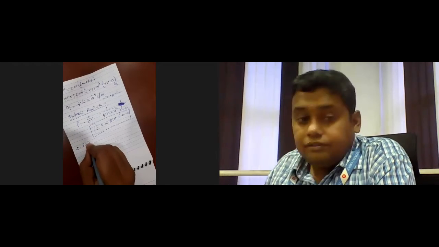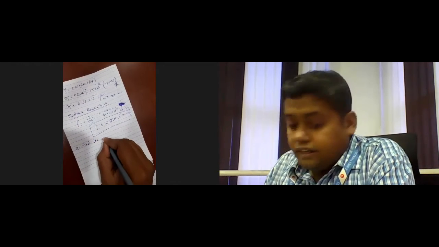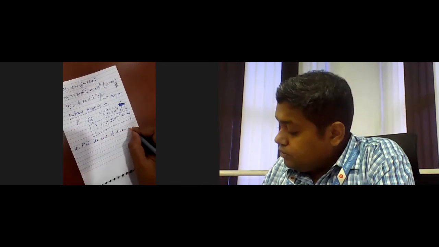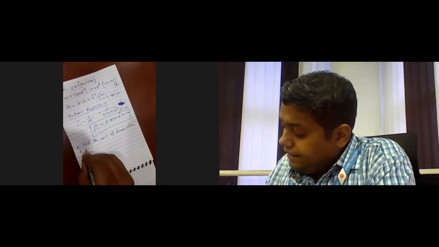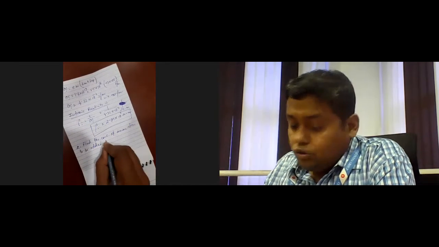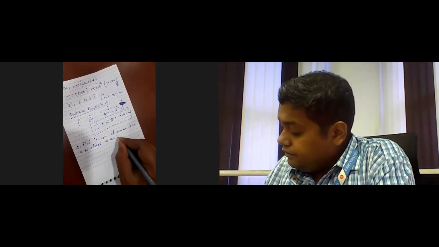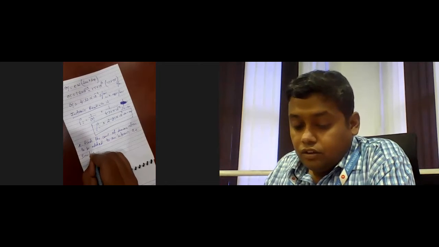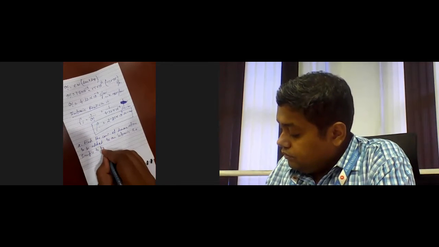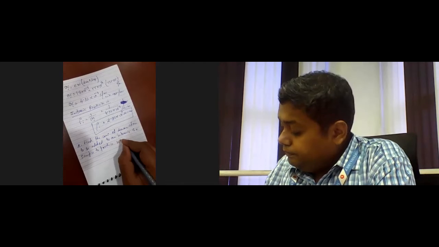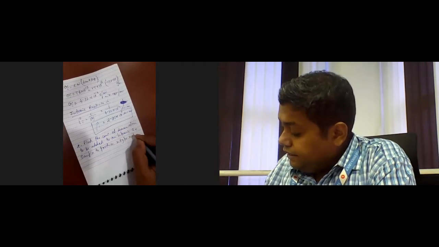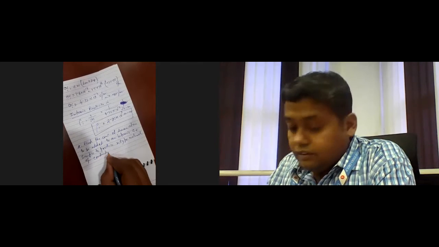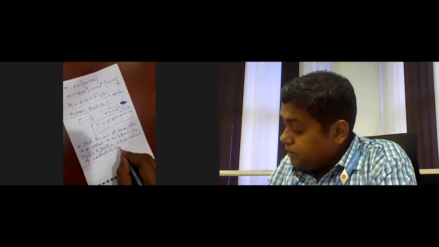Find the concentration of donor atoms to be added to an intrinsic germanium sample to produce N-type material of conductivity 480 Siemens per meter.